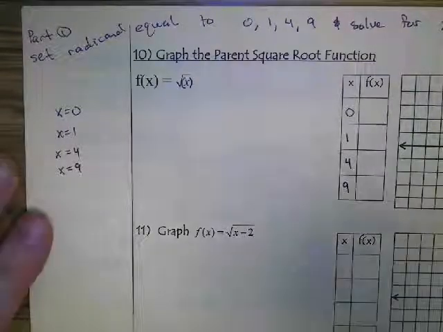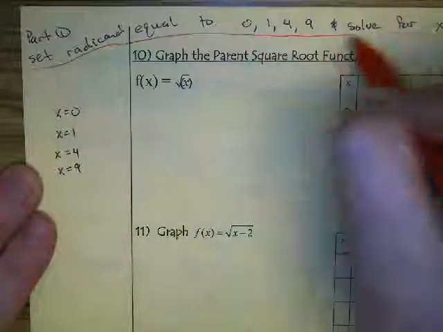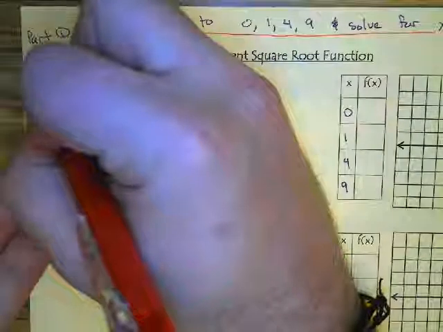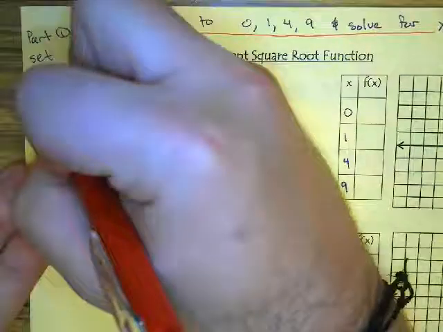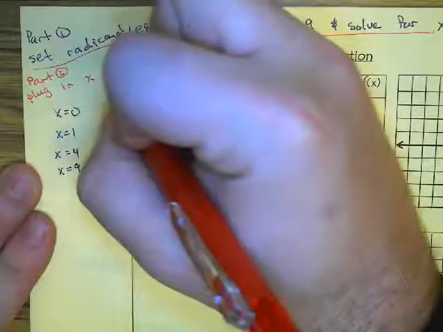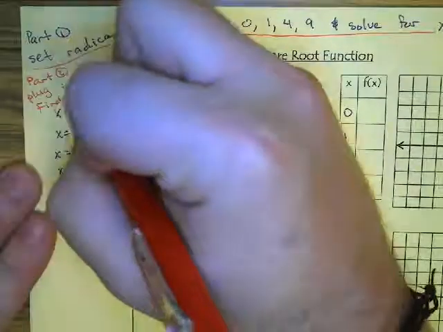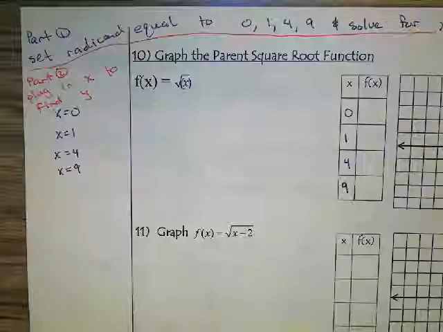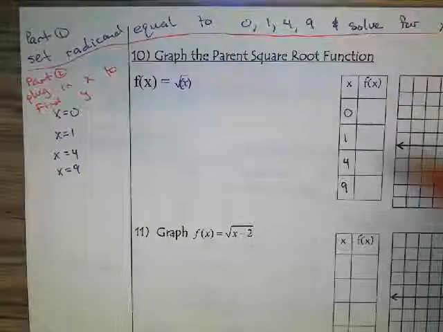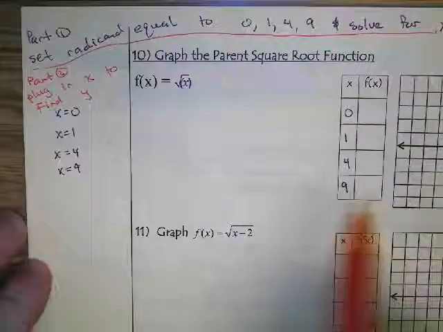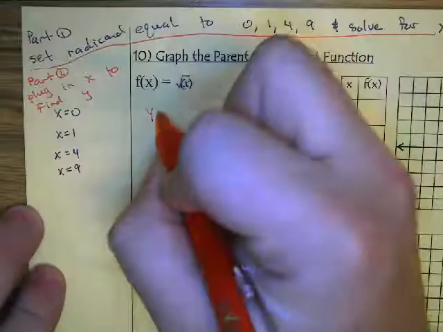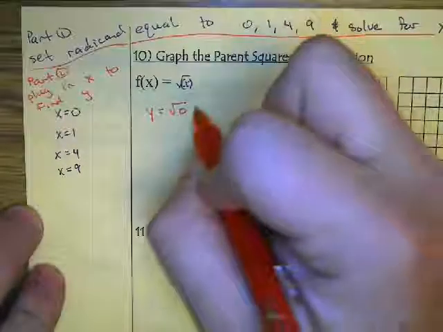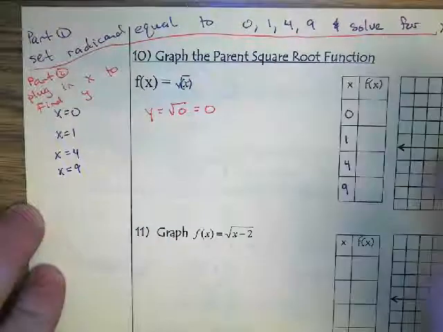Now our part 2 will be plug in x to find y. So all that means is we're going to finish this T-chart up. So I'll plug in my x values and then I'll find my y values. So I'll say y is equal to the square root of 0 equals 0. So when I plug in 0, I get 0.